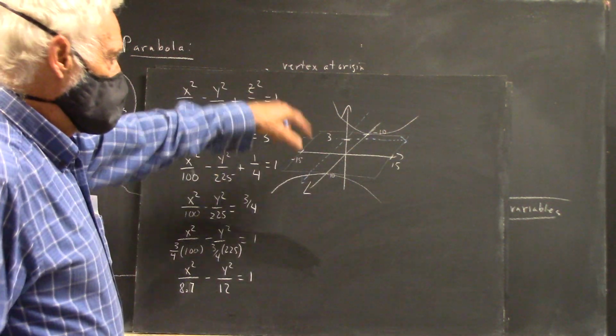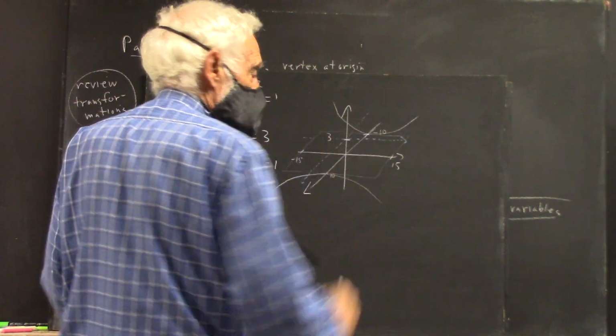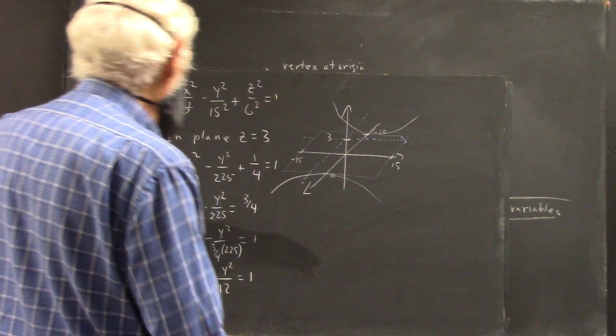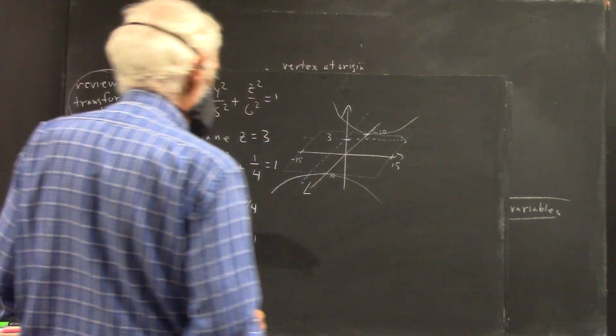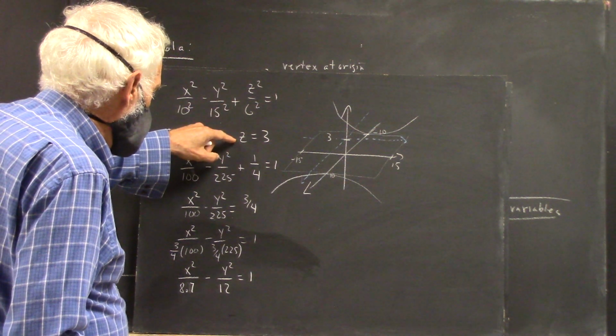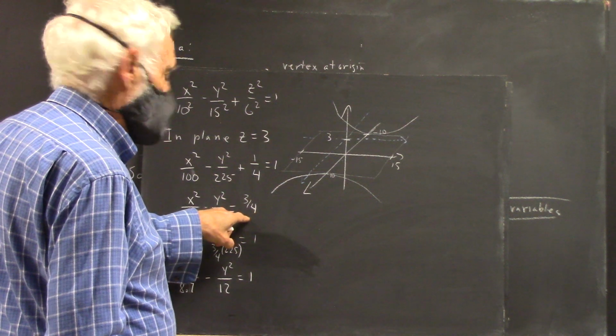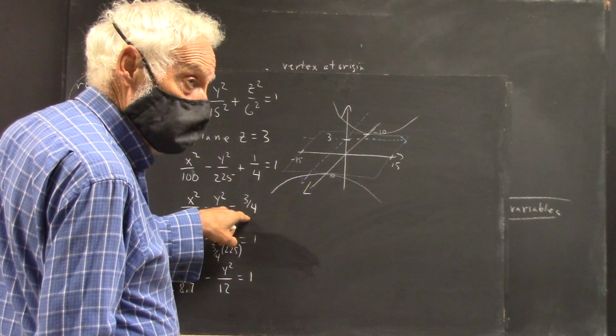Well, that's really badly drawn. It's going to be asymptotic to this and this, and didn't even get close. But you get the idea. Okay, up here, now that z equals 3, the arithmetic tells us that we don't get 1 over here, we get 3/4.